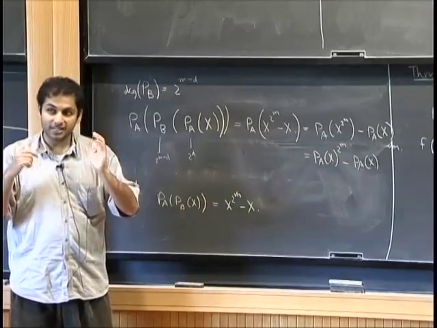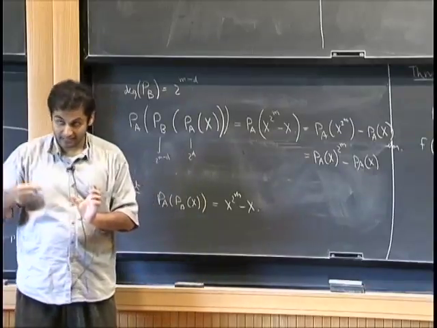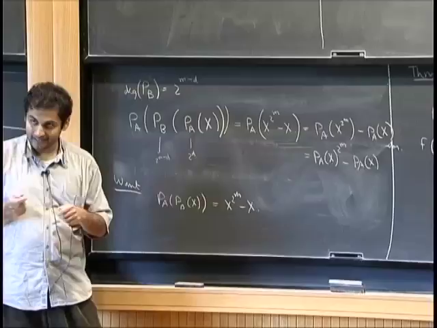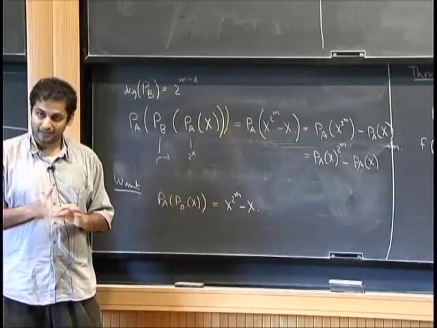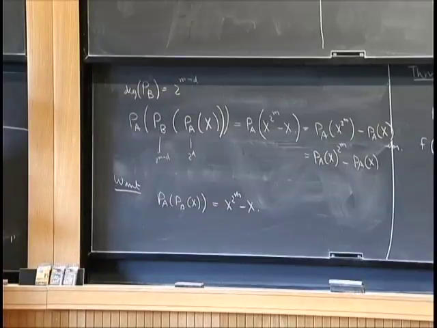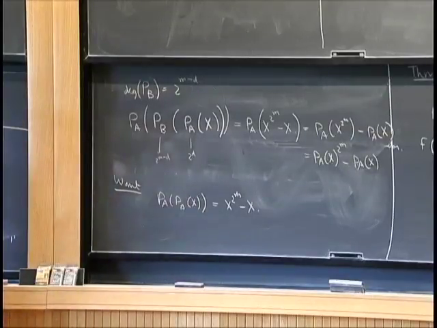So if I plug some polynomial h of x into G, and G of h of x is 0, the degree of G of h of x is the product of the degrees. Okay, so so far we have this.